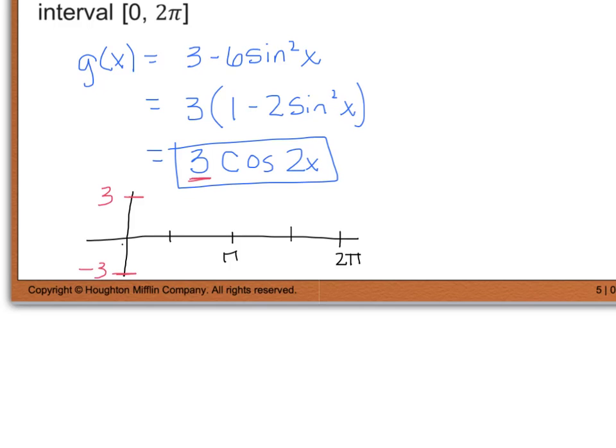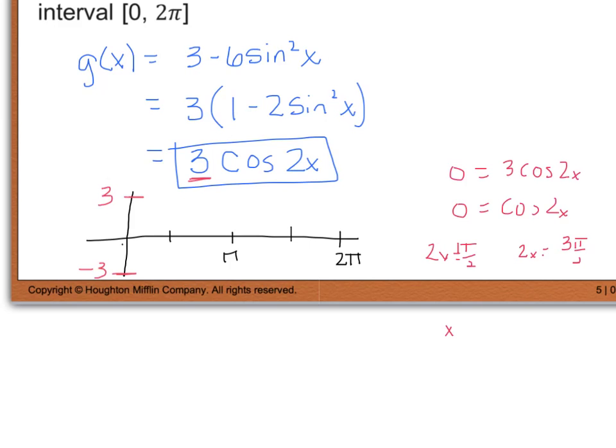To find your x-intercepts, you can set that equal to 0. So you know 0 equals 3 cosine of 2x, or 0 equals the cosine of 2x. Well, I know cosine equals 0 at pi over 2, so we'll say 2x equals pi over 2, and 2x equals 3 pi over 2.